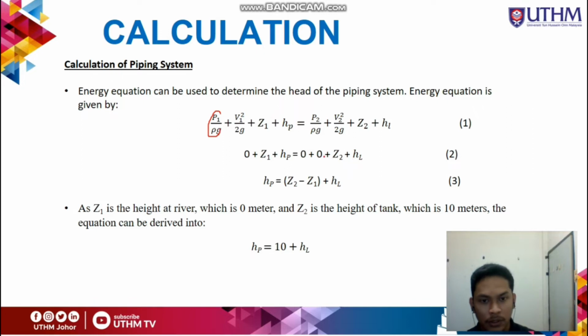After we arrange the equation, we get head pump is equal to Z2 minus Z1 plus head loss. As Z1 is the height at the river, which is 0 meter, and Z2 is the height of the tank, which is 10 meters, the equation can be derived into head pump equal to 10 plus HL.